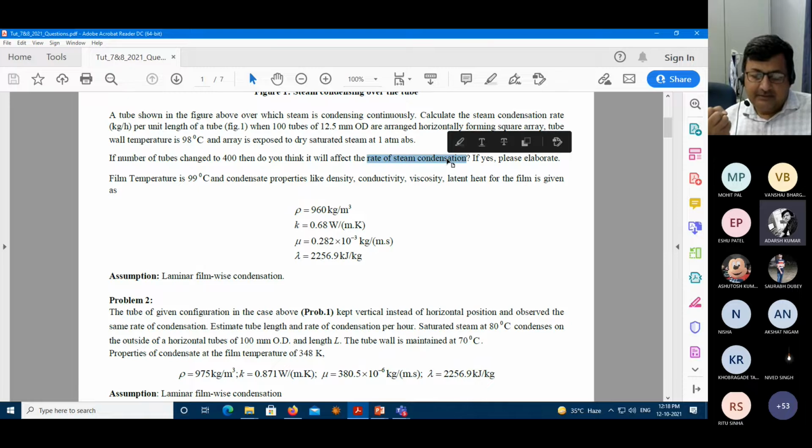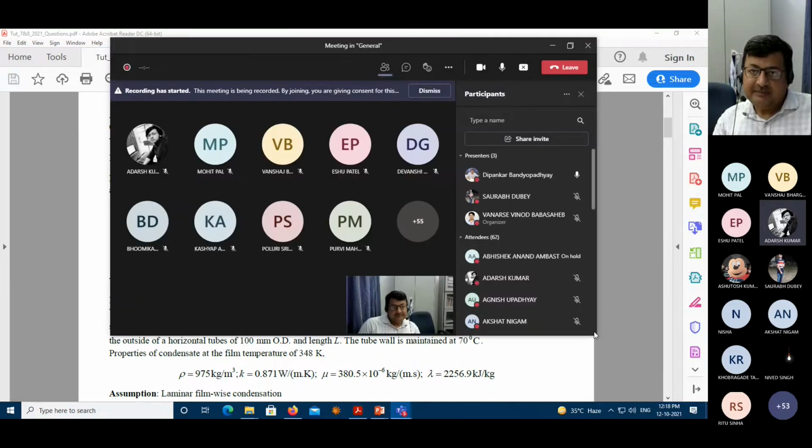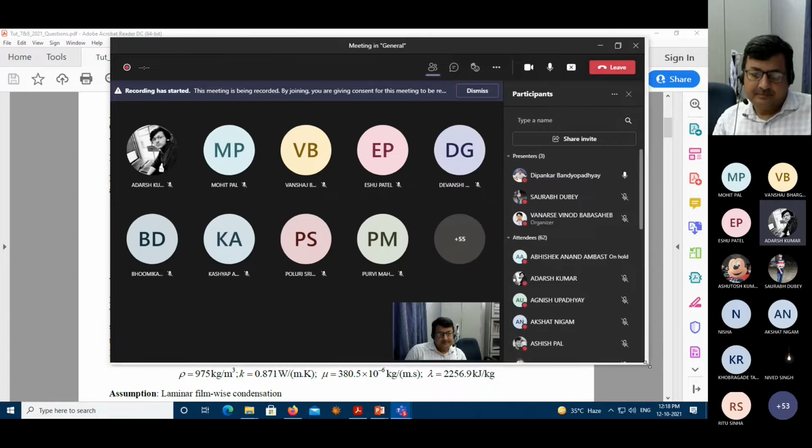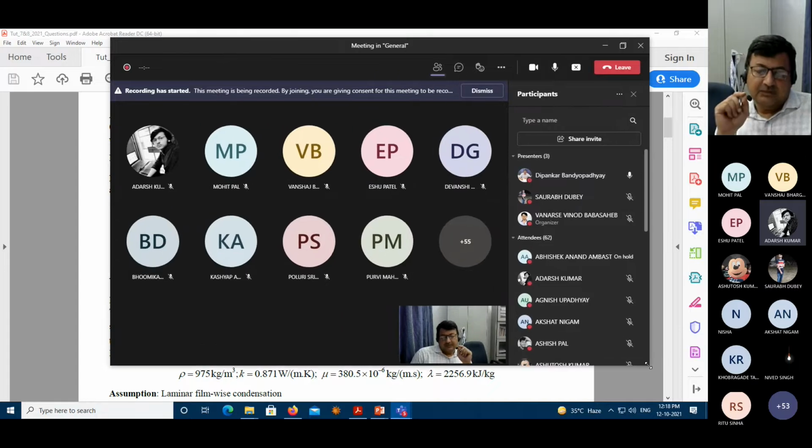So how do you get the total mass flow rate of steam condensation from here? What is the recipe? So mass flow rate will be equal to Q by lambda. Lambda is the latent heat of condensation per unit mass, correct? And Q is the rate of heat transfer.